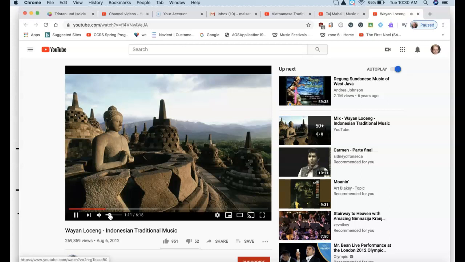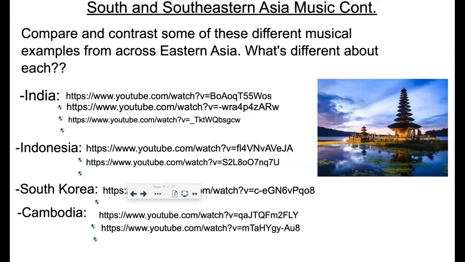Now you can tell that the tempo changes quite a bit, doesn't it? The Indonesian music is noticeably different, but in kind of a cool way.